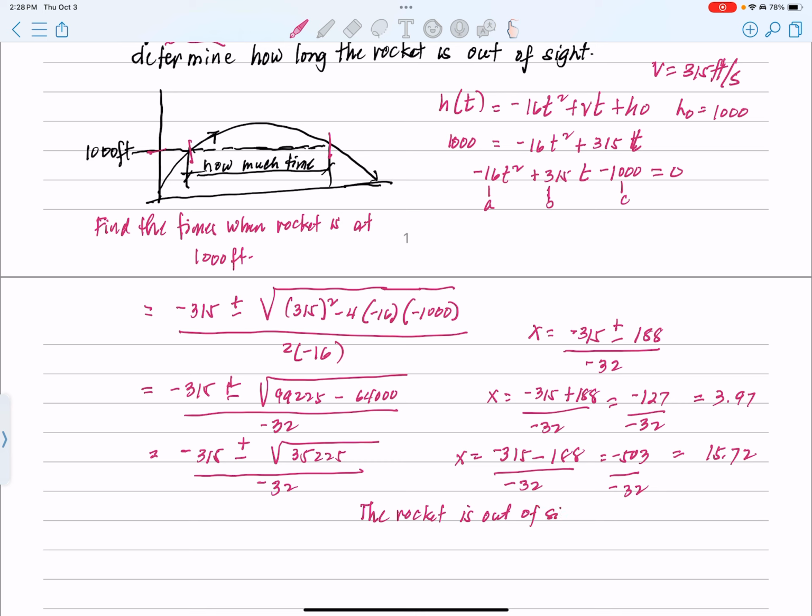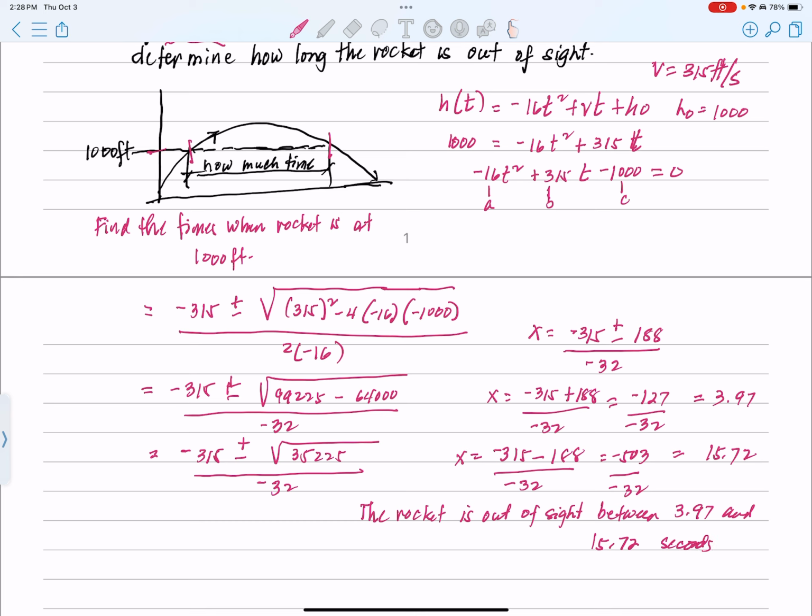All right. So we could say that the rocket is out of sight because it's covered with clouds when it reaches 1,000 feet. So the rocket is out of sight between 3.97 and 15.72 seconds.